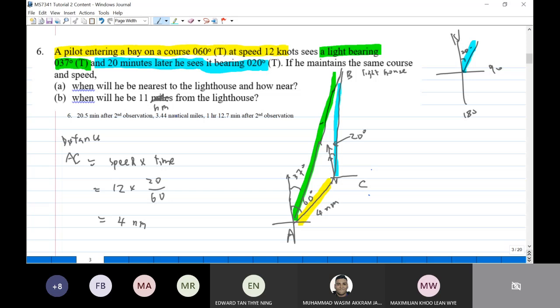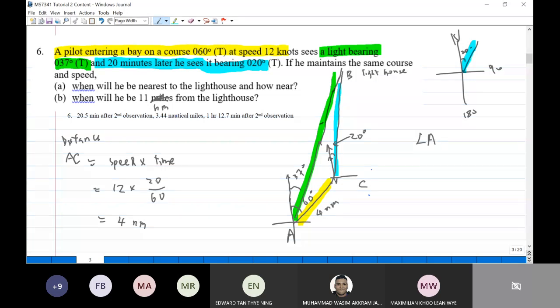So before I answer this question, I'm going to solve all the angles inside the triangle first, because there are so many things you don't know. So let's try the simple one first.